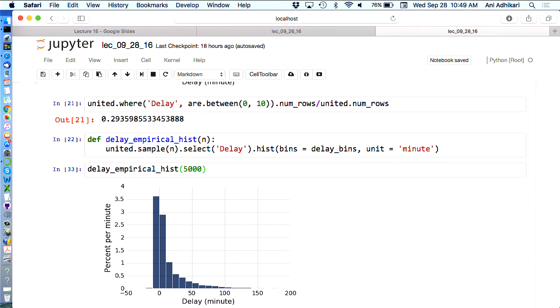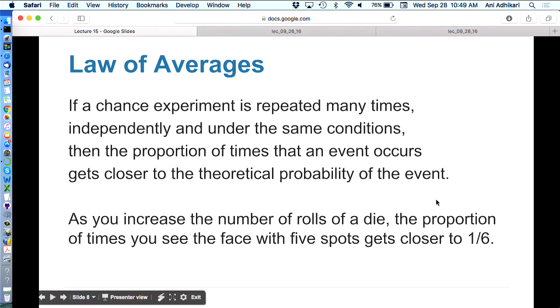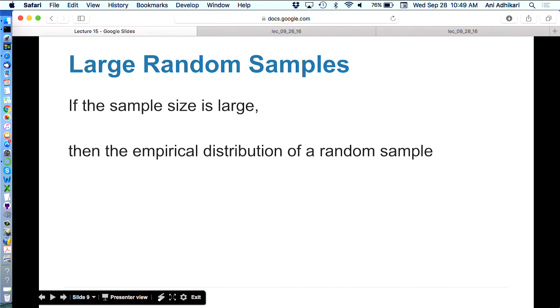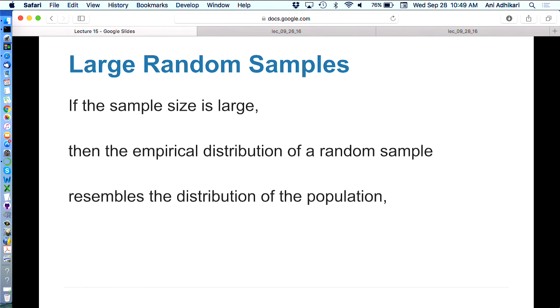All right, so what I want to do now is I have a nice amount of time. So we have, if the sample size is large, then the empirical distribution of the sample resembles the distribution of the population with high probability. By the way, I would like you to look at that statement. You've seen I've broken it up into bits. Every bit is crucial.